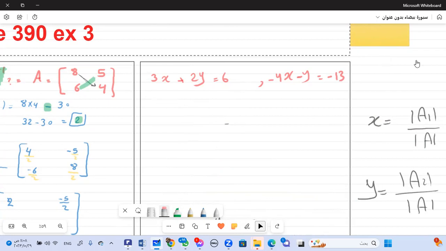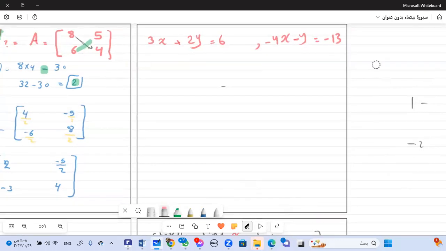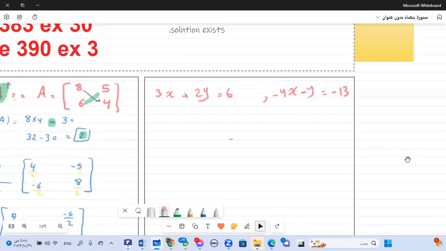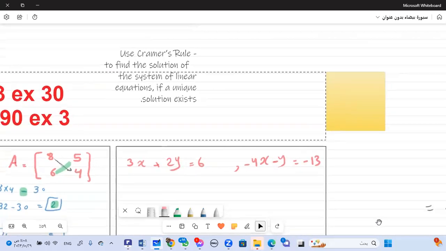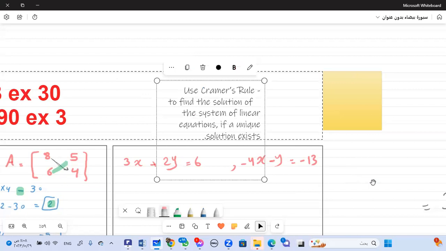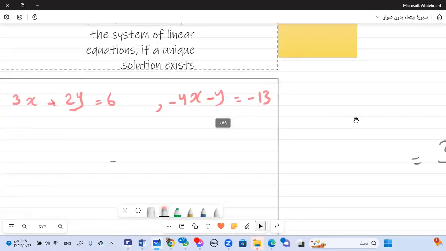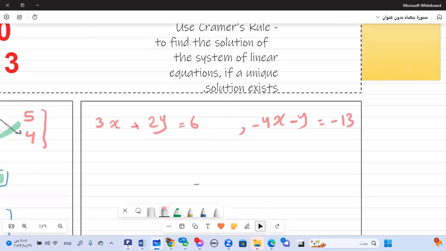So step number 1 to find the solution: what about step number 1? If I want to use Cramer's rule, what is the first step to find the solution? Who can help me?